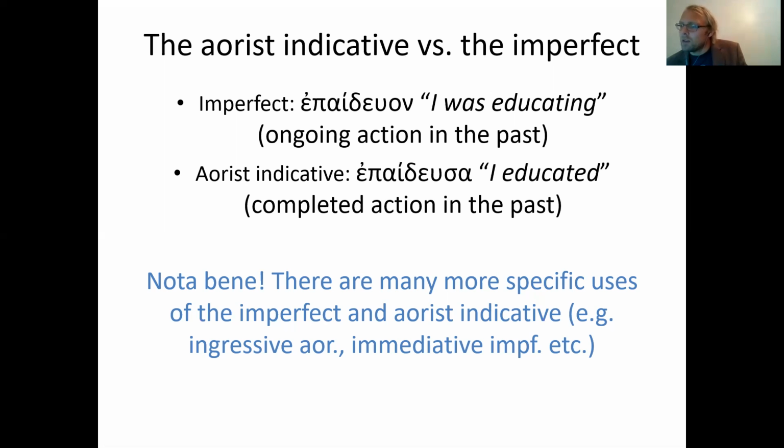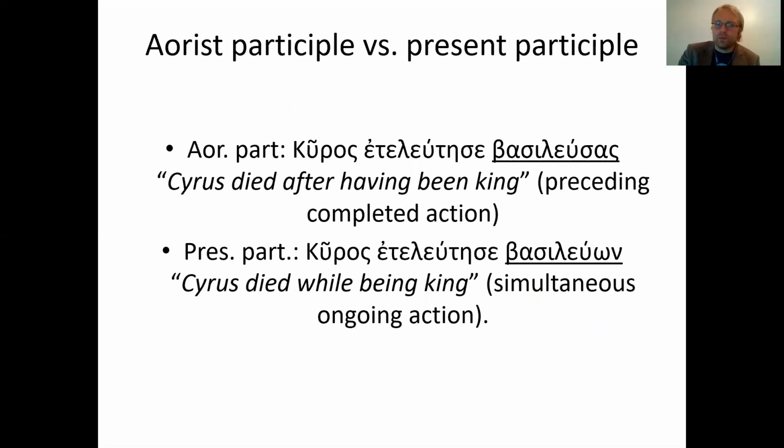Fine. Next in turn, we have the use of the aorist participle. Again, we will merely concentrate here on the core meaning, if you like, of these verb forms, and for the time being, leave aside any more specific uses.